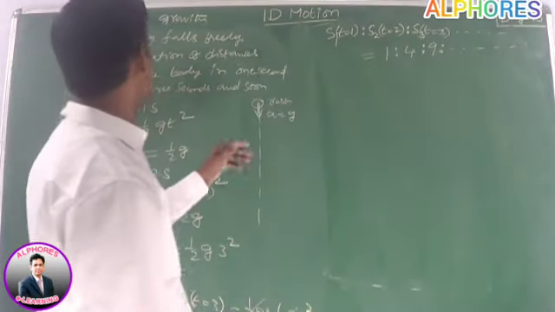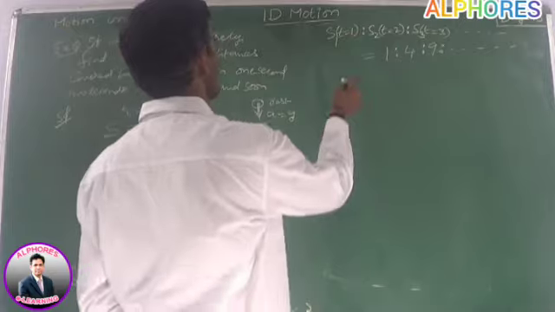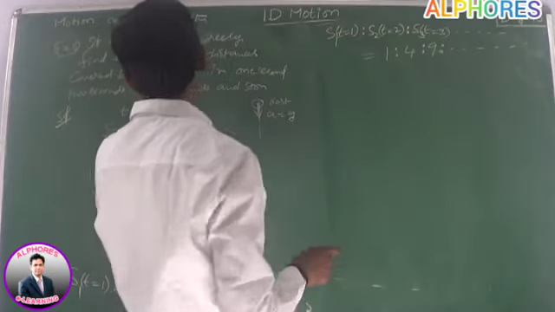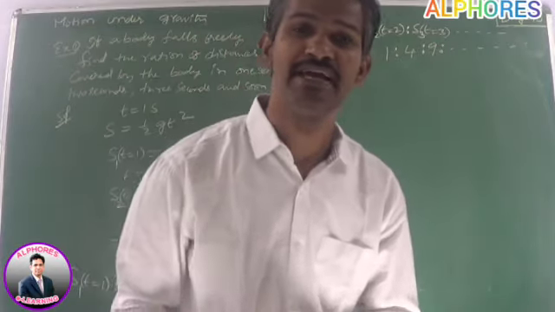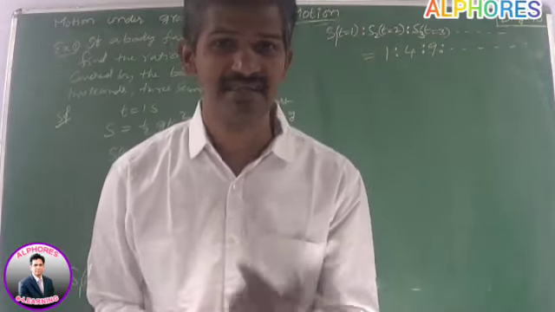Similarly, my second question is: find the ratio of distances traveled by the body in the first second, second second, third second.